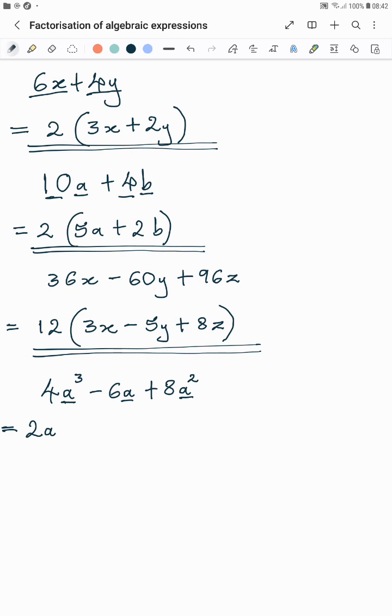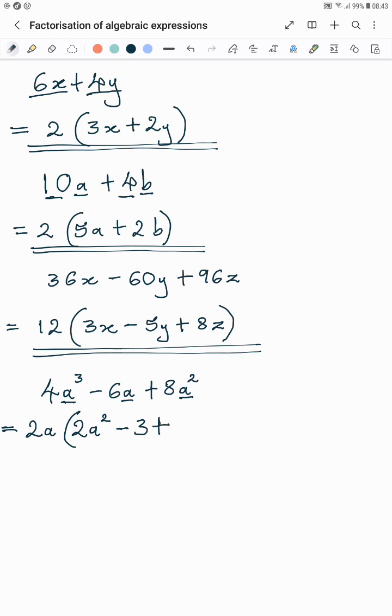So now here, if we divide 4 by 2, you're going to get 2. And if you divide a to the power 3 by a, you're going to remain here with a squared. And if you divide 6a by 2a, you're going to remain with 3, because a and a are going to cancel each other out, and 6 divided by 2, you get 3.